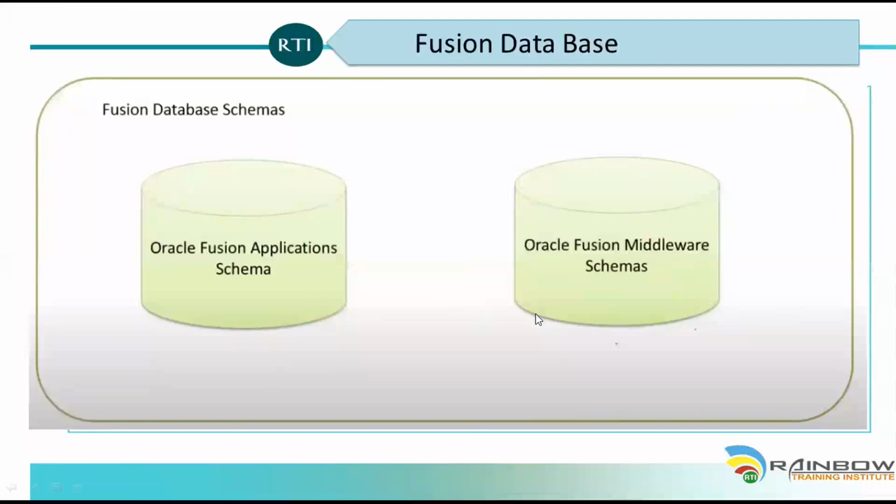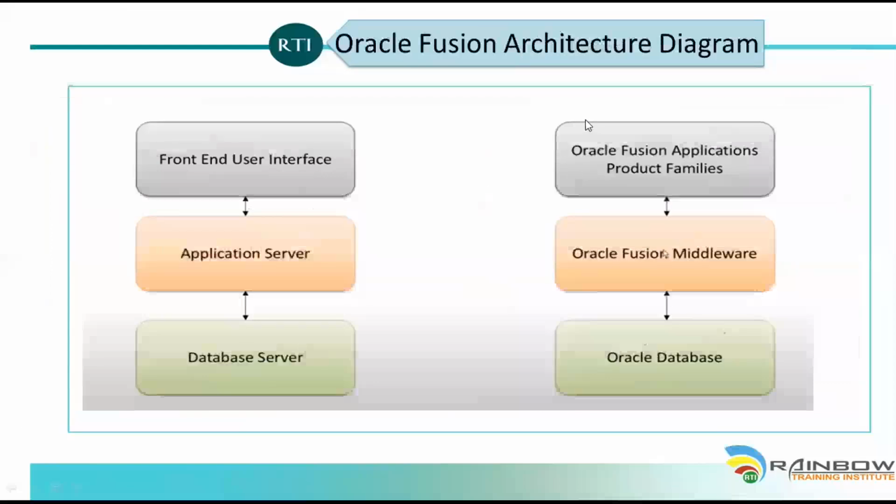The second one is the Oracle Fusion middleware schema. The application schema means all product families. What we are doing in the front end, the product families data is going to be stored in our application schemas. And coming to the middleware schema, it will be stored there. Okay, so this is the three-layer architecture: Fusion application product families, middleware, and database.